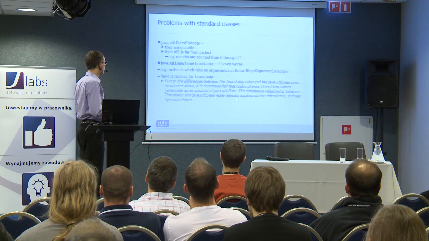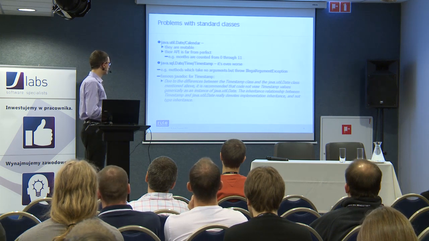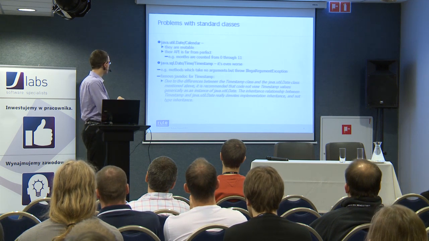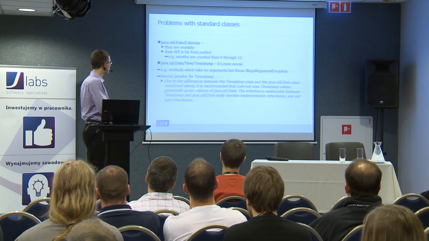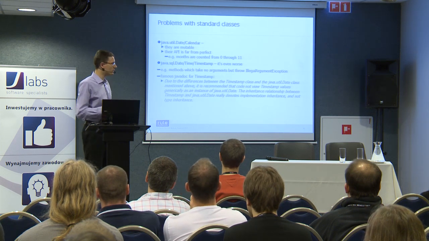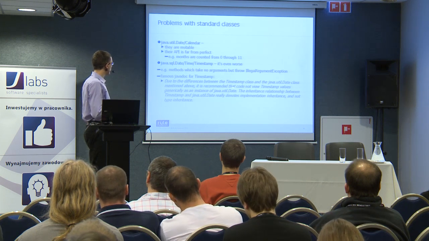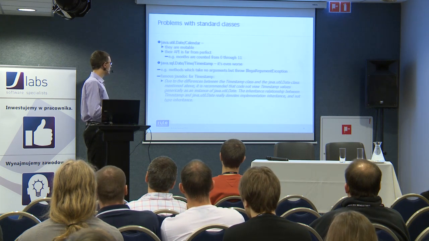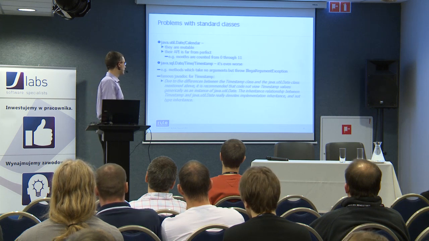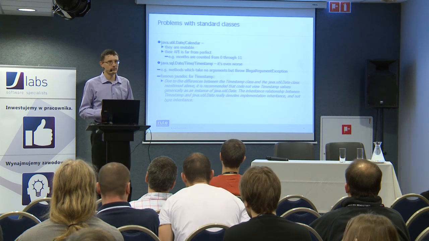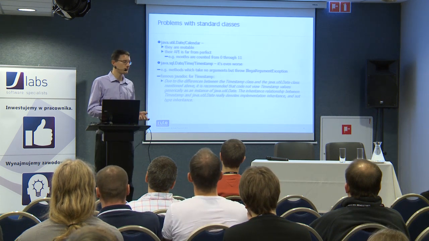And my favorite one, the documentation for the Timestamp. Java SQL Timestamp extends java.util.Date. But if you read the Javadoc, it will claim that due to some differences, it's recommended not to view Timestamp values as an instance of java.util.Date. But it is an instance, right?